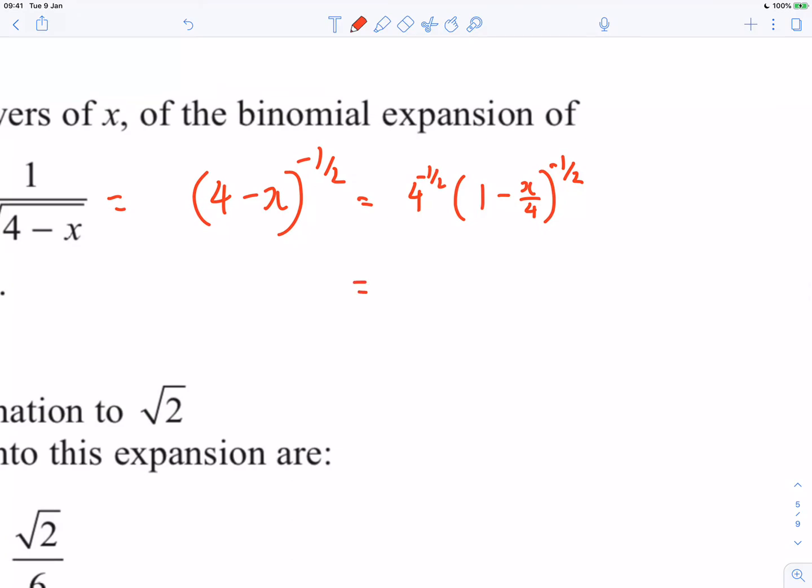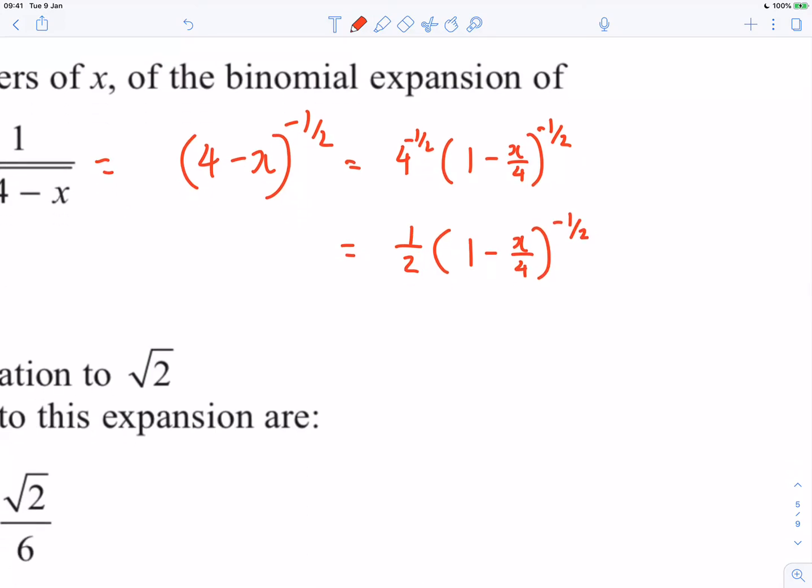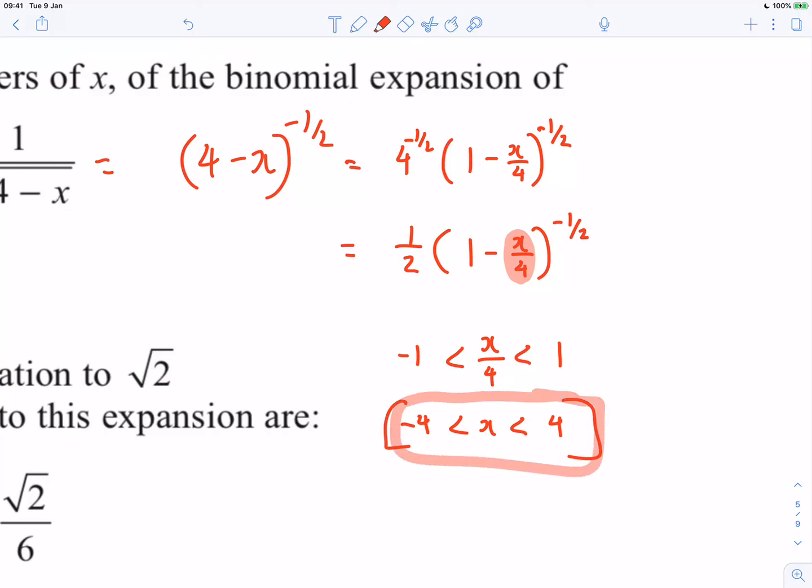Which is the same as 4 to the minus half is 1 half lots of 1 minus x over 4 to the power of negative 1 half. So immediately I can tell the radius of convergence is when x over 4 is trapped between 1 and minus 1, which means x has to be between 4 and negative 4. We cannot have values outside of that being inputted.